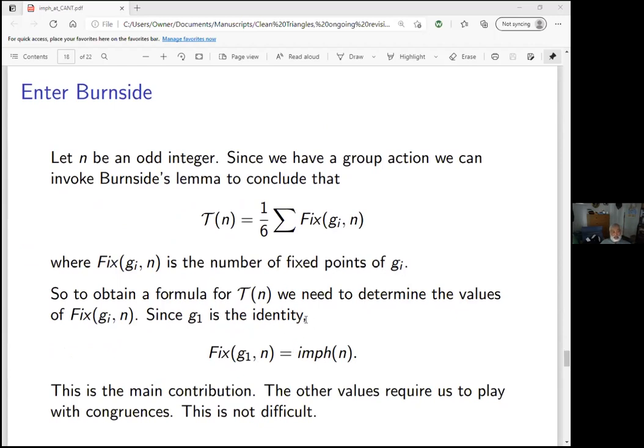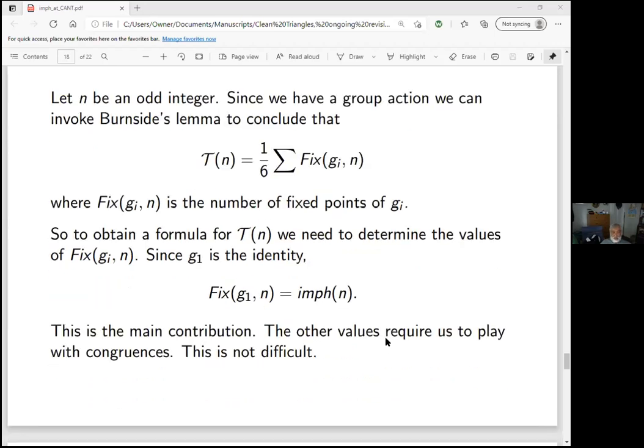It's very easy for the first one, g1, because that's the identity. And that's simply IP_H of n. For the other maps, g2 to g6, we have to play with congruences. But basically you just have to play with Hensel's lemma and it all falls out quite nicely.